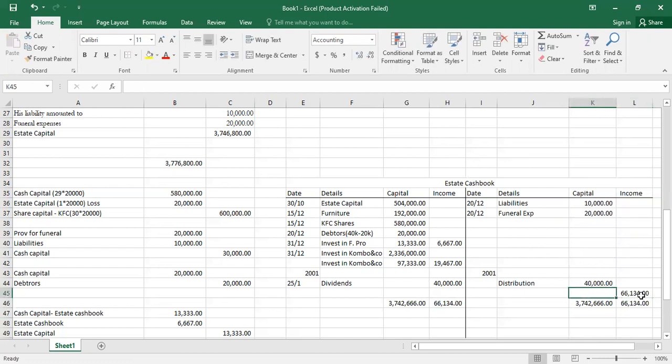Remember, this is the figure that will be reflecting, and you are going to confirm that our estate income account should balance at 66,134. There is no two way about it. What is this minus 70,000? This is happening on 31st January.